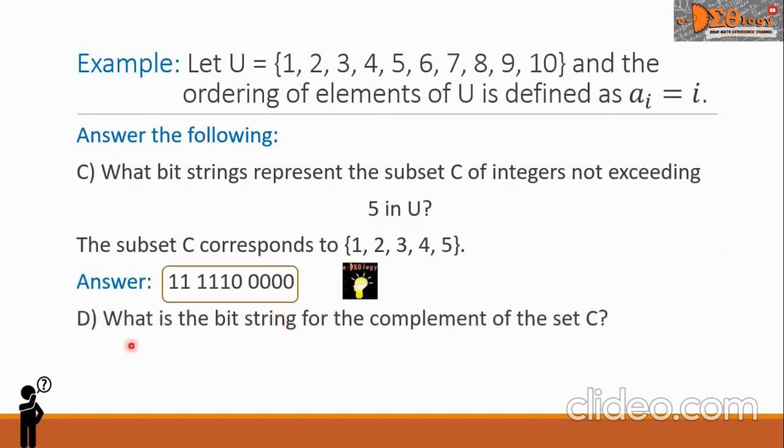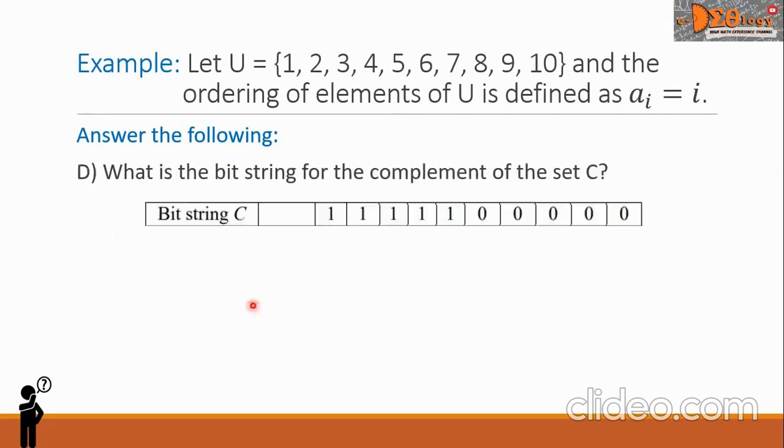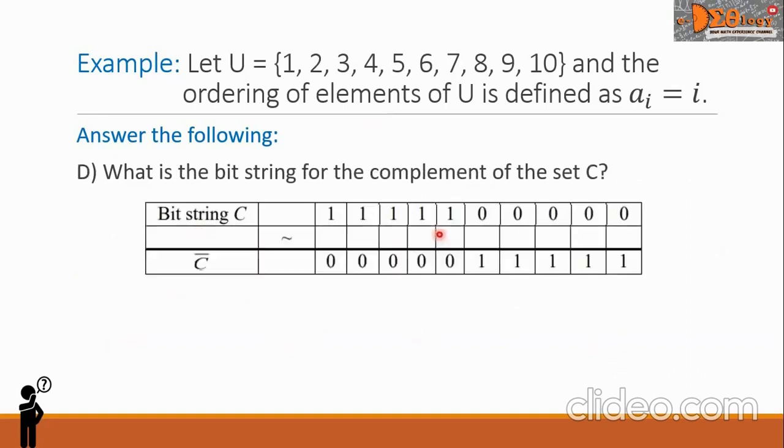Letter D. What is the bit string for the complement of the set C? This is our set C. Now, let us write again the bit string of C. For the complement, we will just change 1 to 0 and 0 to 1. So the complement of C is 0 0 0 0 0 1 1 1 1 1.